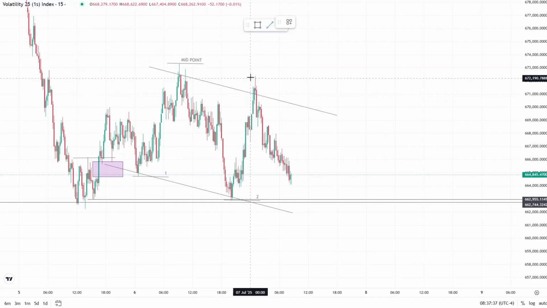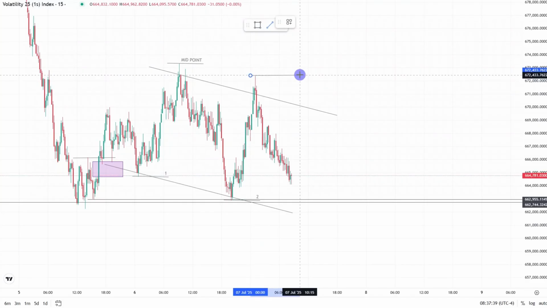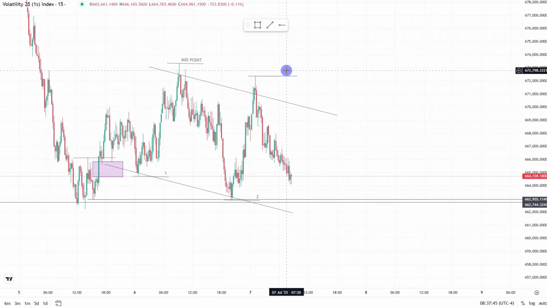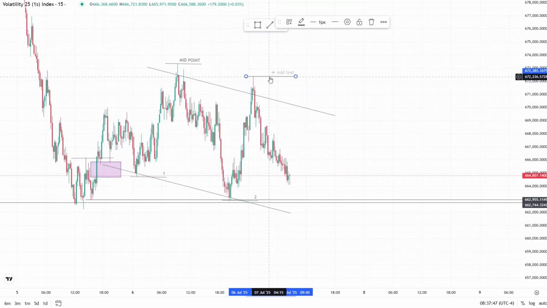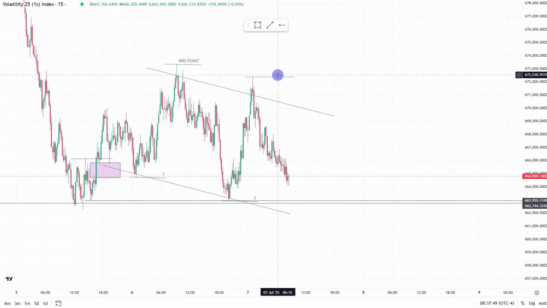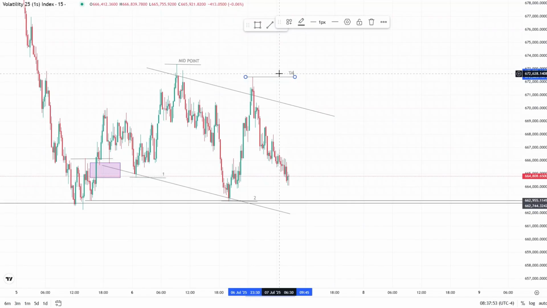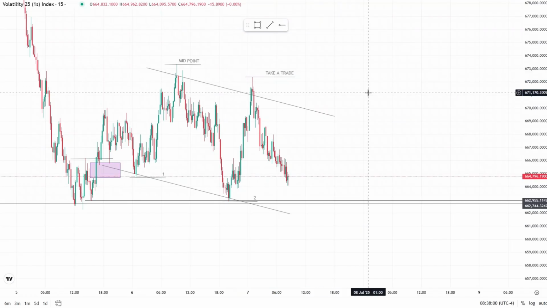So this is where you should be interested in taking a trade. So here, that's where you should be interested in taking a trade, right?